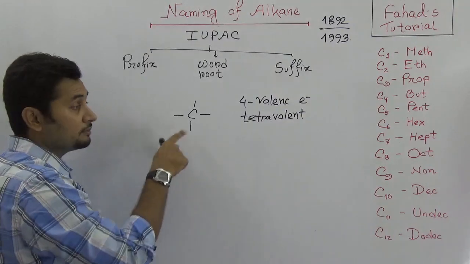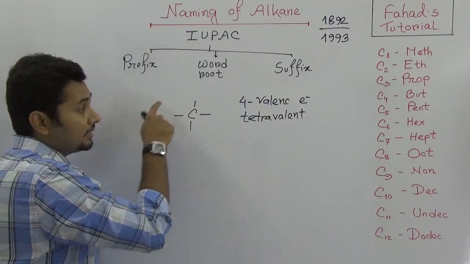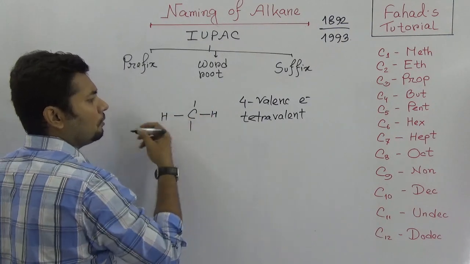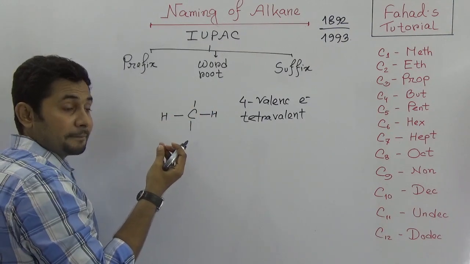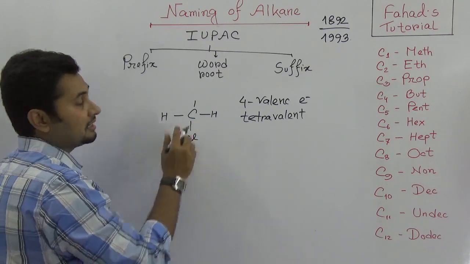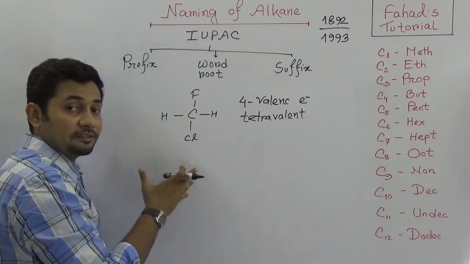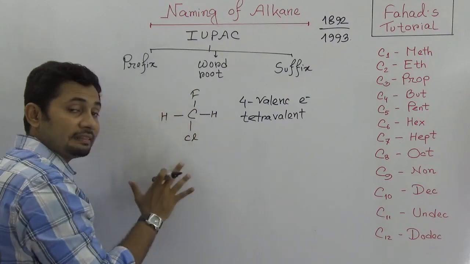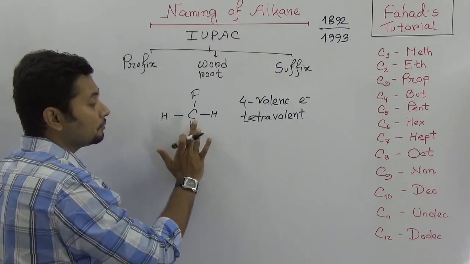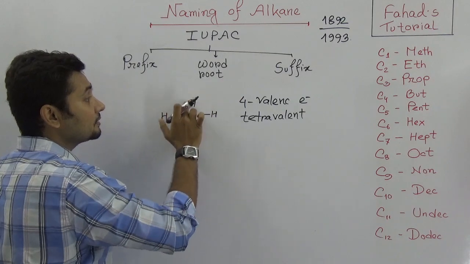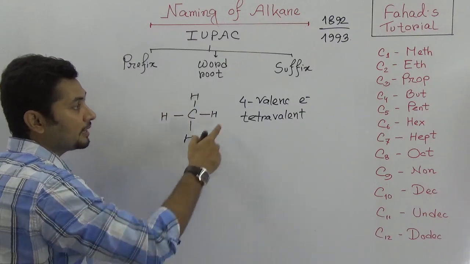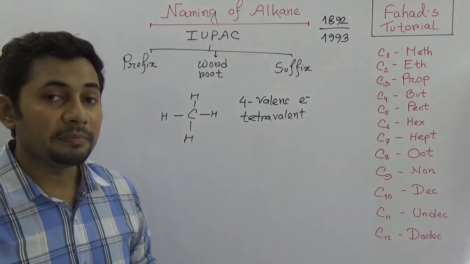So every time whenever we write something like this, the other part should be hydrogen, or even any elements which have 1 valence electron like chlorine, even fluorine, or any halogens. So if there is nothing around carbon, that is hydrogen. So usually we know that hydrogen has 1 valence electron, so carbon is surrounded by 4 hydrogen, and that is methane.